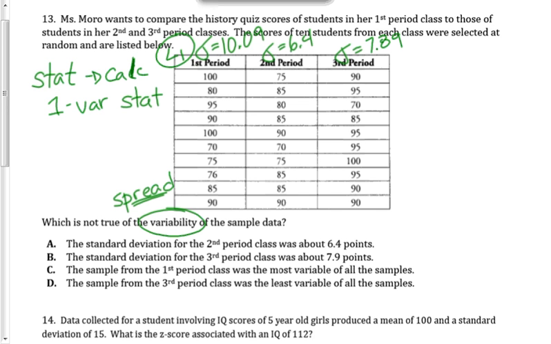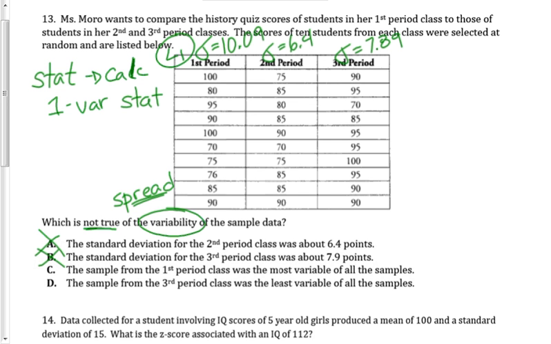So read the question carefully because it says which is not true. You look at answer choice A, standard deviation for the second period class was about 6.4. Well, we saw that was true. Okay, so we're looking at something that's not true. B, standard deviation for the third period was about 7.9. Well, 7.89, that's true. Sample from the first period class was the most variable.